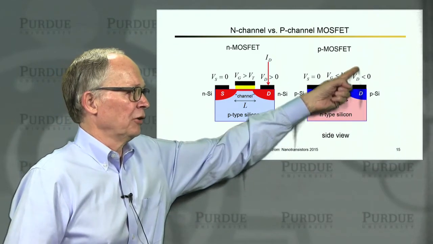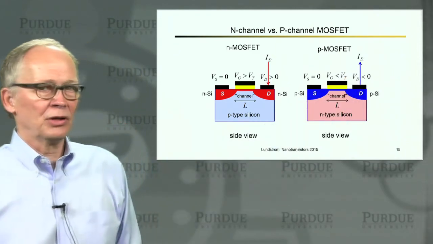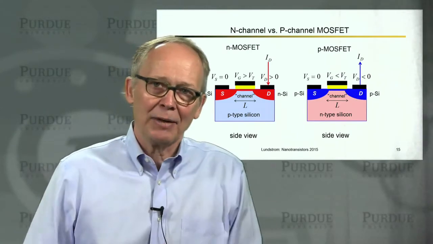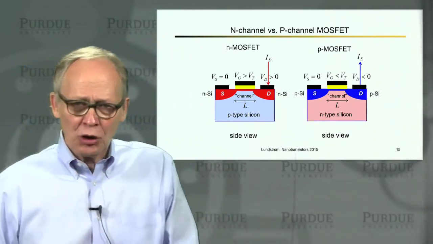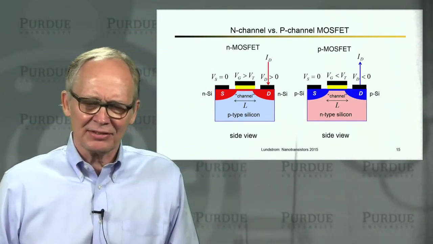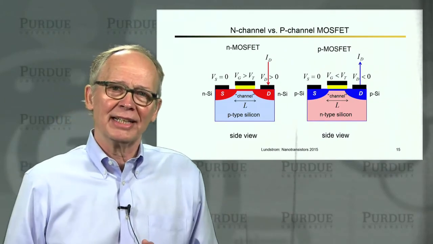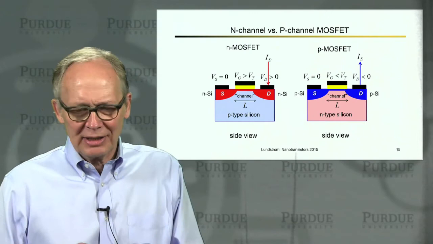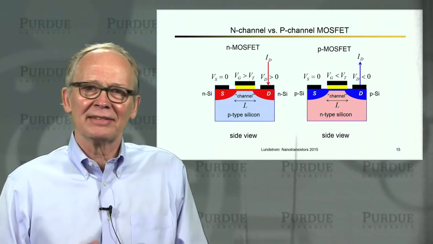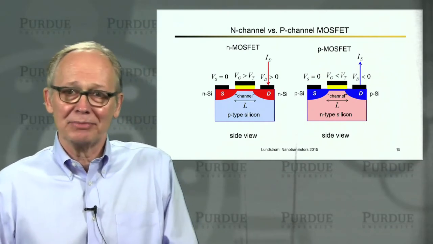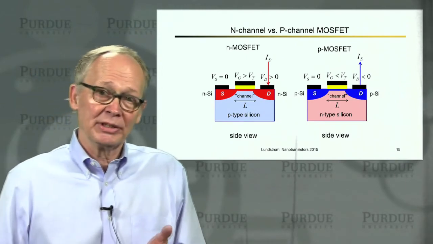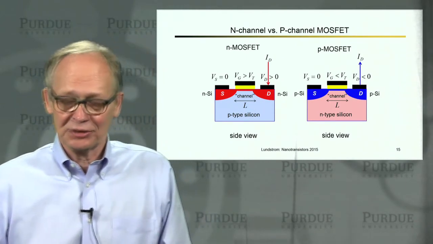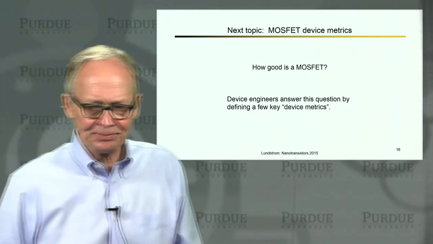The positive carriers flow out, which means the drain current flows in the opposite direction. Just in the interest of time, I'm mostly going to be talking about how N-channel MOSFETs work. But you should get familiar with being able to translate back and forth between N-channel and P-channel. Basically, all the voltages change sign, all the currents change directions. That's all there is to it.